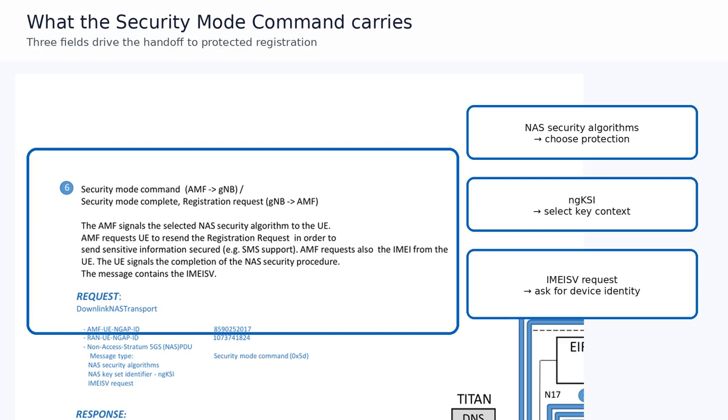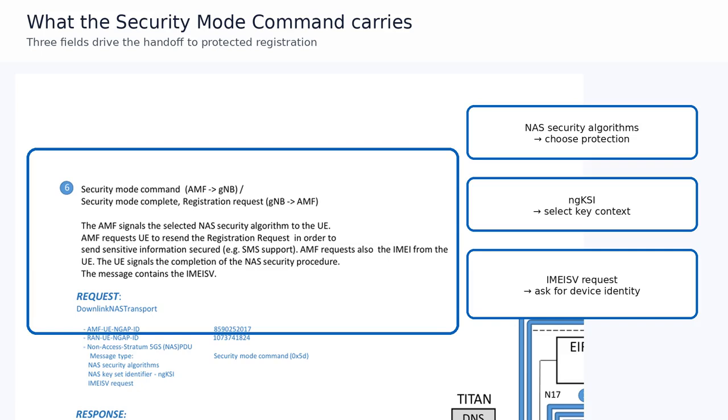The message includes the NAS security algorithms, which are the protection choices for confidentiality and integrity. It also includes the NAS key set identifier, or NGKSI, so the UE knows which key context the AMF expects it to use.